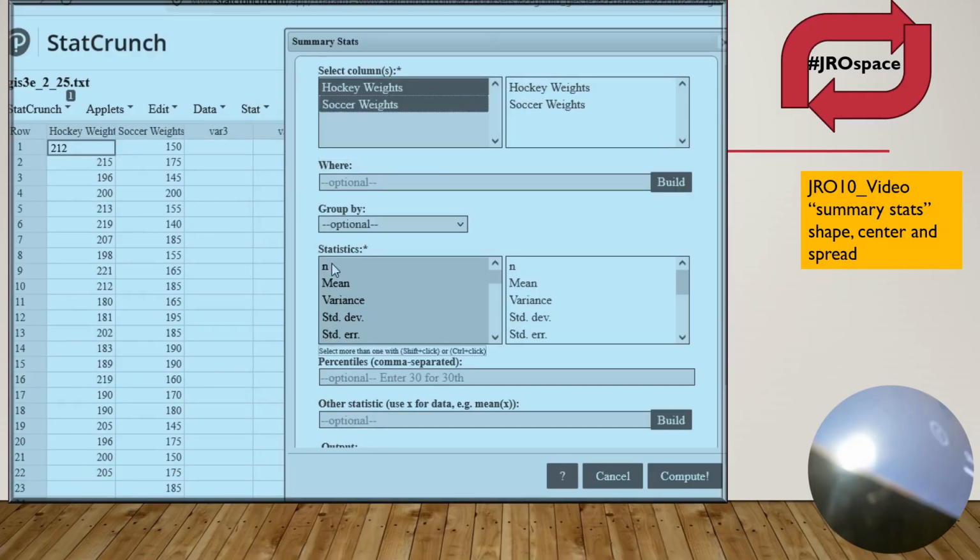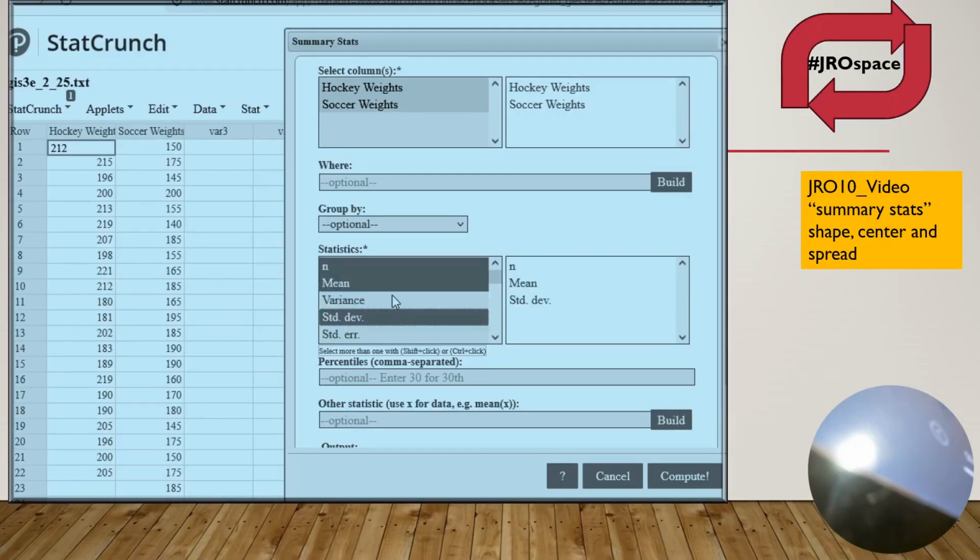I usually grab, so you can use your control key to grab what you want. So I'm pushing down my control key. Let's get the mean, let's get the standard deviation. Let's round up our 5-number summary here. And the IQR.